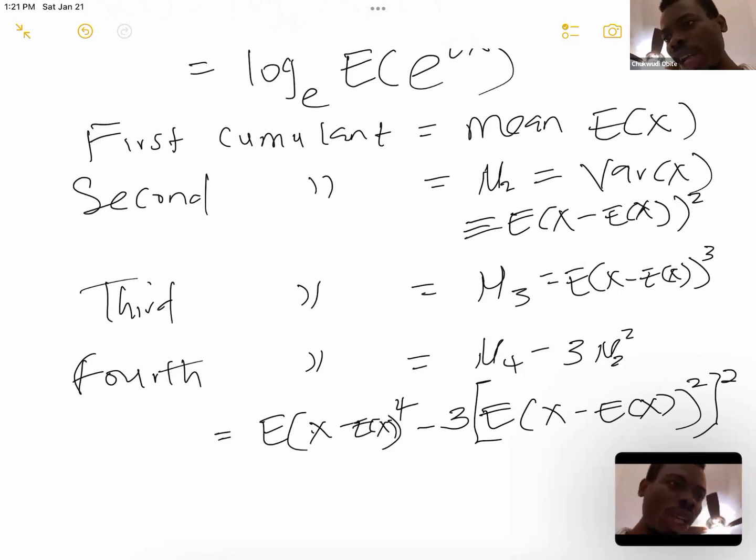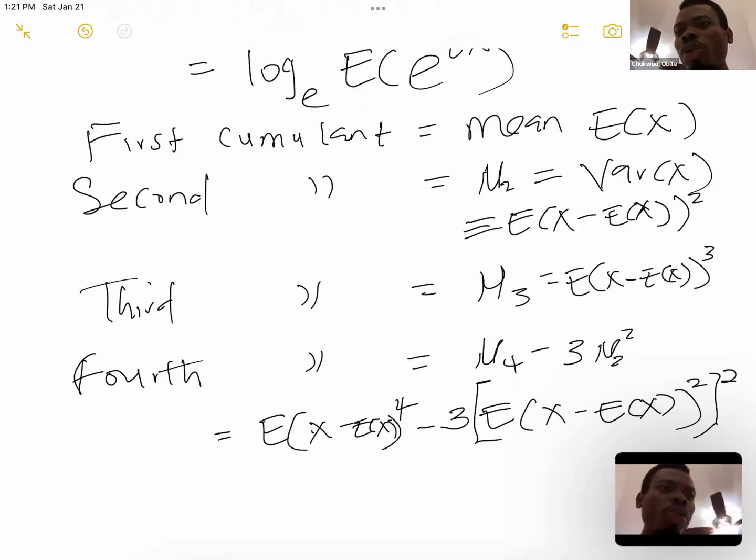The third cumulant is similar to the third moment about its mean, while the fourth cumulant is equal to the fourth moment about its mean minus 3 times the second moment about its mean all squared. So I just gave you a note on the cumulants.